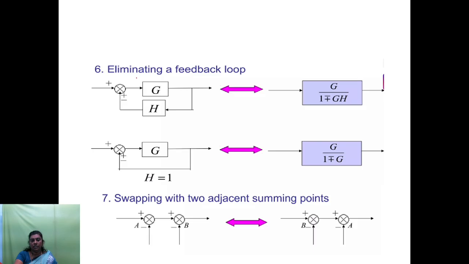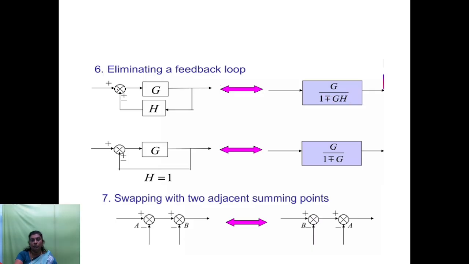We have considered the whole feedback system, and we are going to convert this whole feedback loop to a single block with the transfer function. So if you are reducing this feedback path, the transfer function is G divided by 1 minus or plus GH.